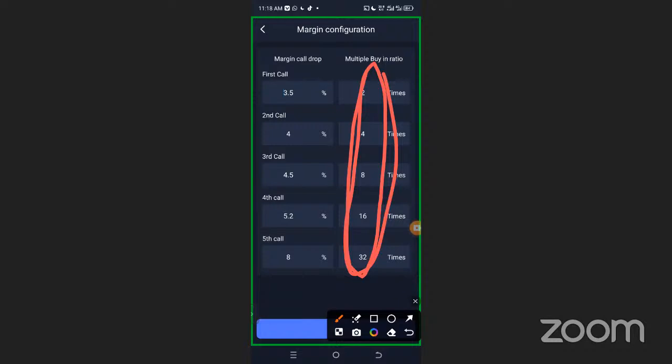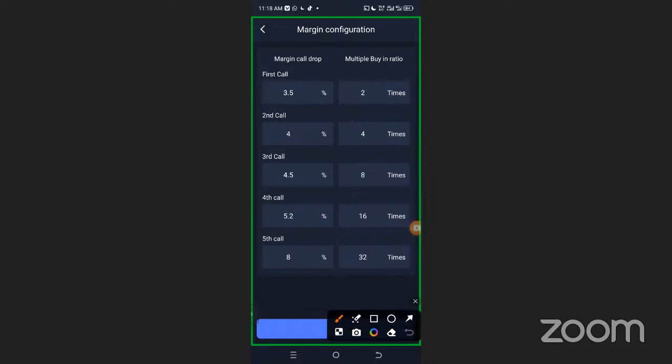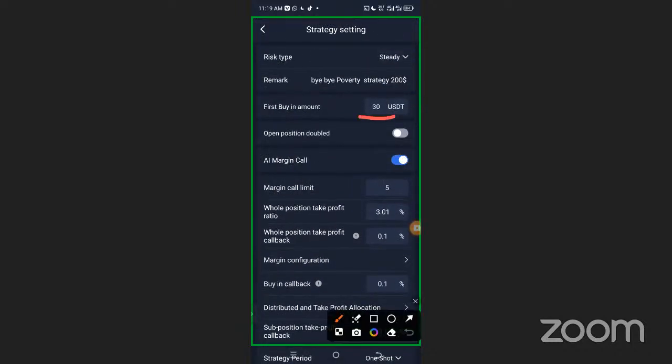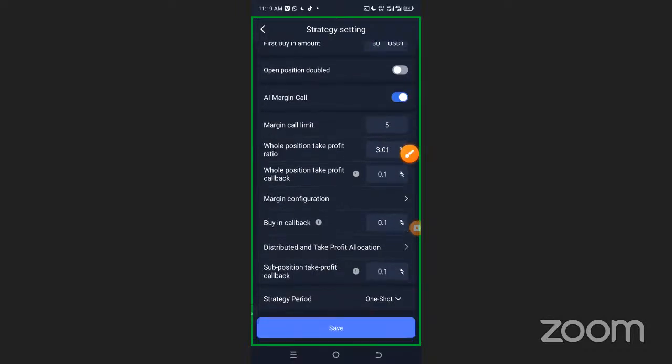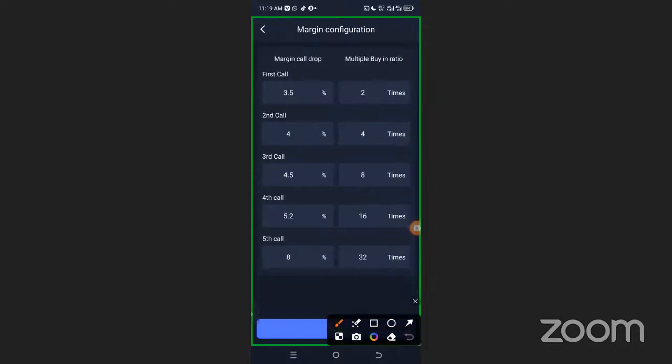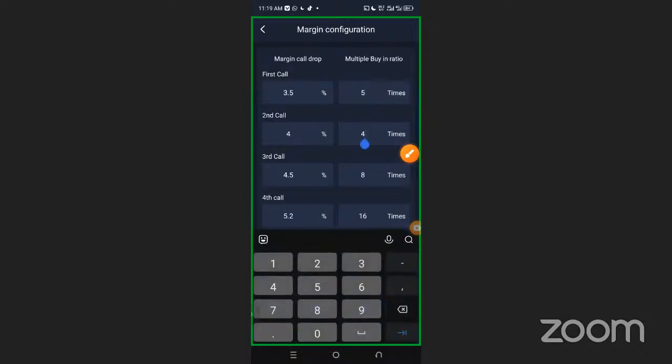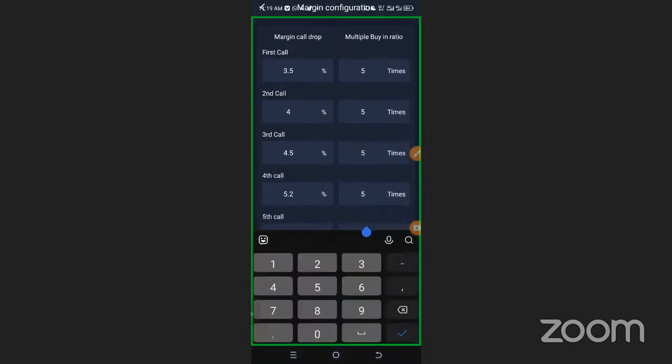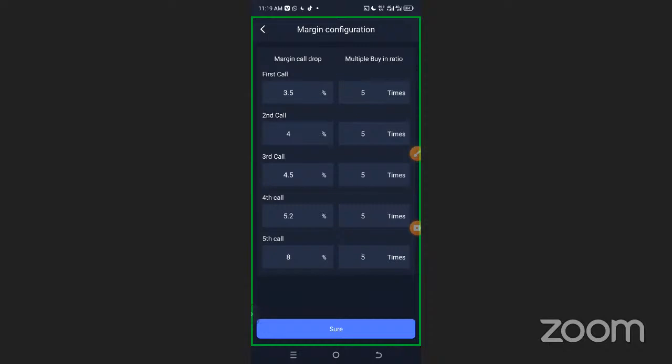It multiplies the number you have put here times your first buy in amount. Now, I want you to put for me here 5, 5, 5, and 5 throughout. That is multiple buy.